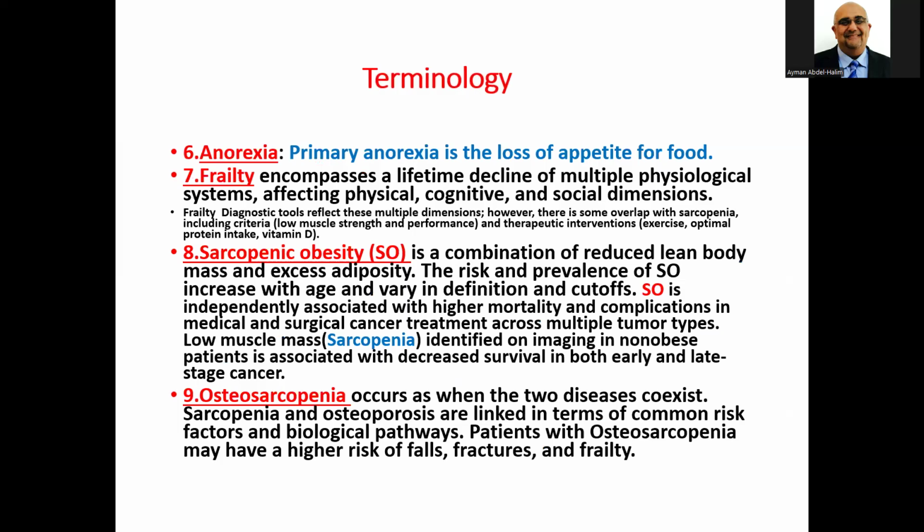Another definition is anorexia. What is anorexia? Primary anorexia is the loss of appetite for food. How about frailty? Frailty encompasses a lifetime decline of multiple physiological systems affecting physical, cognitive, and social dimensions. How about sarcopenic obesity? It's a combination of reduced low muscle mass and excess adiposity. The risk and prevalence of sarcopenic obesity increases with age and varies in definition and cutoffs.